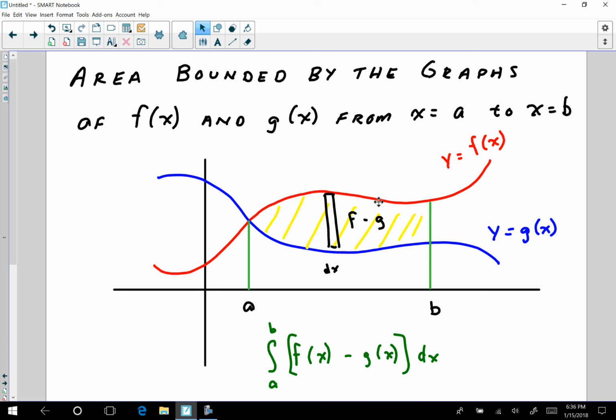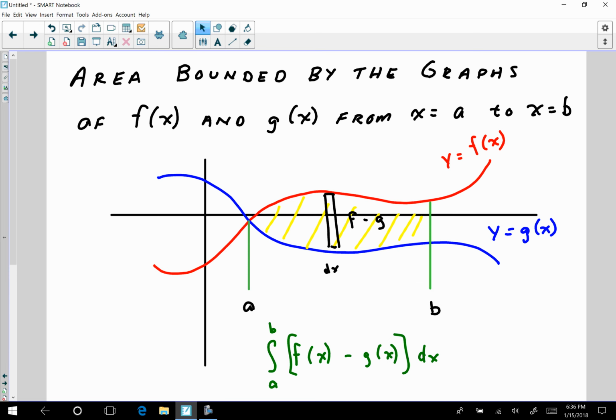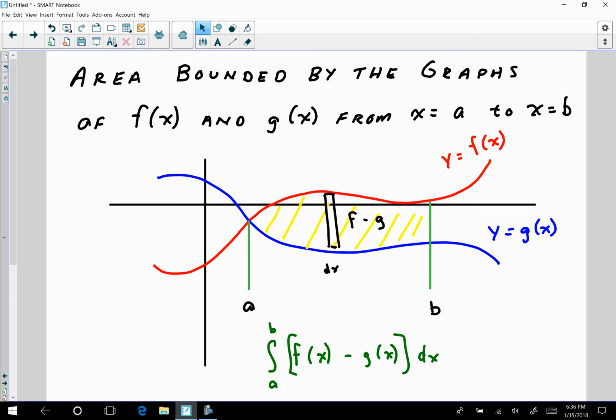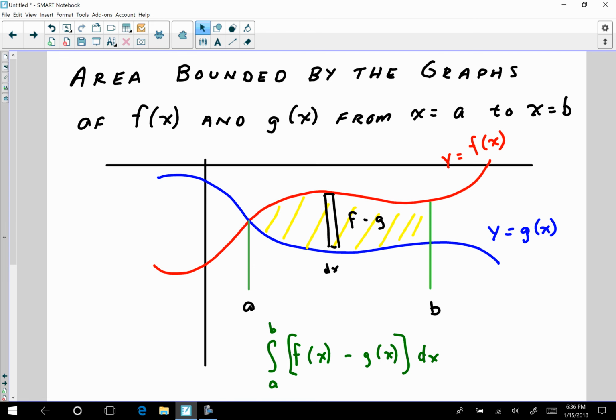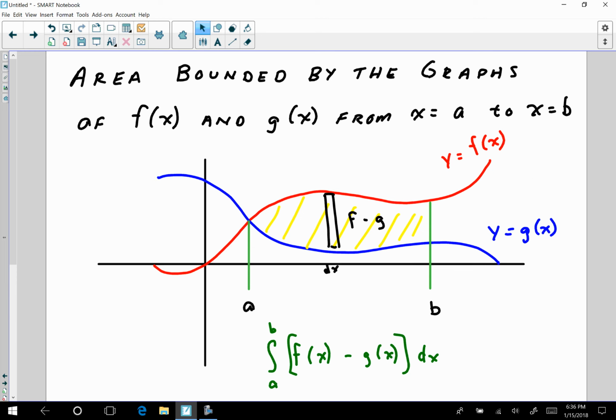Does the height of that rectangle change if maybe one arbitrary function is above the x-axis and one is below? Or even if both are below the x-axis, does that height ever change? Keep in mind that height has to be positive, and we know dx has to be positive.